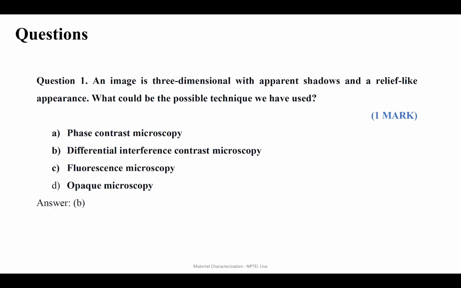Whereas in fluorescence, we are only able to see fluorescence-emitting light. In opaque microscopy, we see edges of our sample, but we are not able to distinguish between the high point and the low point. That is only possible in DIC.